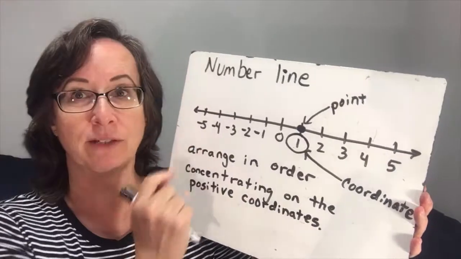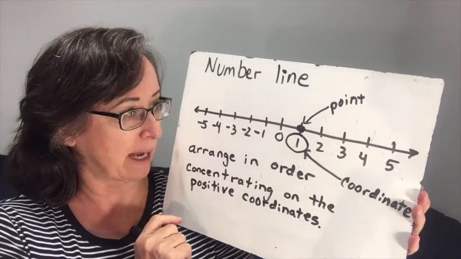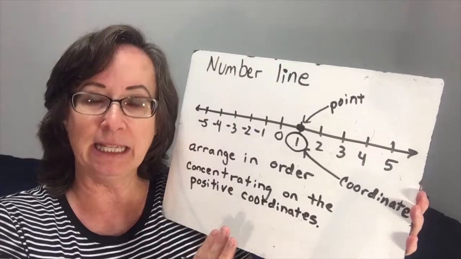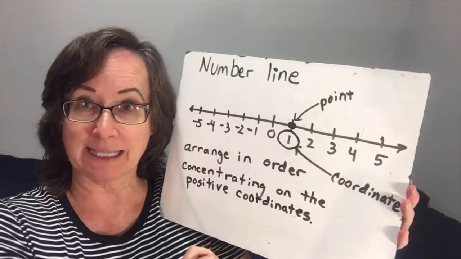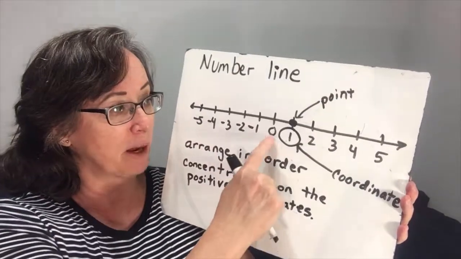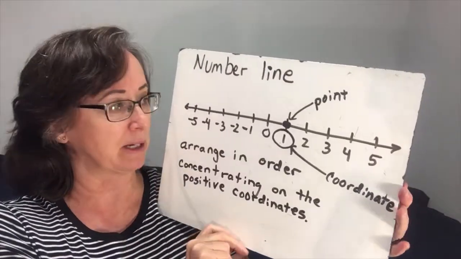Okay, so we do have negative numbers on our number line that we're going to have to keep track of. This lesson in my book concentrates mainly on the positive part of the number line from 0 forward. So that's the part we're really going to concentrate on today.